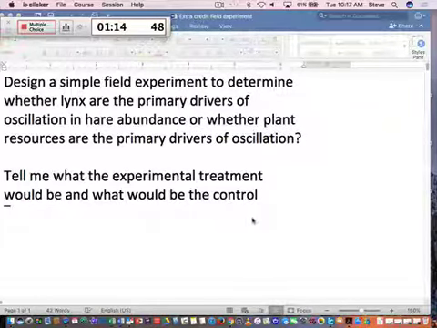Yeah, so this is what people have done. The best experiment to do is that they've set up these big exclosures, where guess what they're excluding? The lynxes, okay?